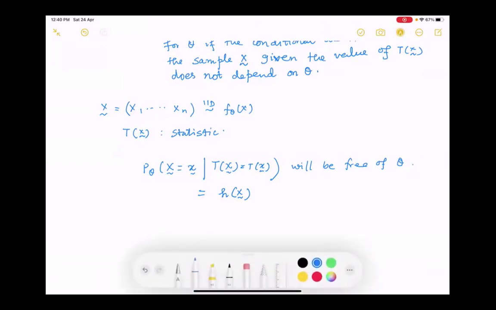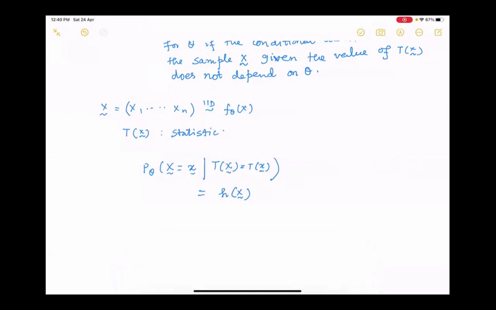Let me just write it this way: this h of x tilde is only a function of x tilde, that is the data, and completely free of theta.